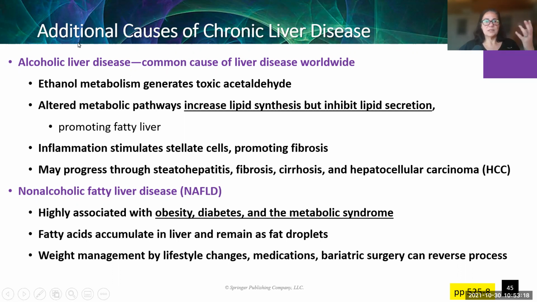So one of the consequences of having too much alcohol is the liver becomes enlarged with fat. Additionally, because of the damage that we're doing with the acetaldehyde, we end up with inflammation. The stellate cells, those are the fibroblasts, they make fibrin, and they promote fibrosis.